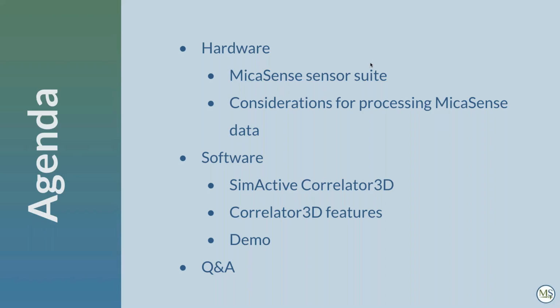So just a brief look at the agenda for today. I'll be starting it off with the hardware discussion, and I'll keep that pretty brief, talking about our sensor suite and then the main considerations for processing our data. And then I'll pass it over to Simon, who will introduce SimActive and go through some of the features of Correlator3D that might be especially interesting to multispectral users.